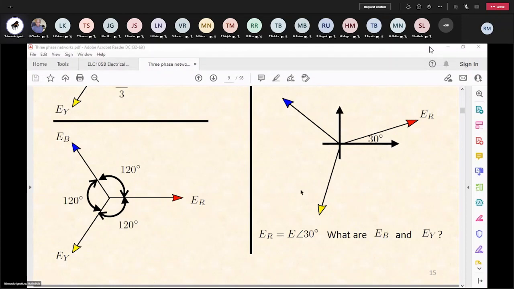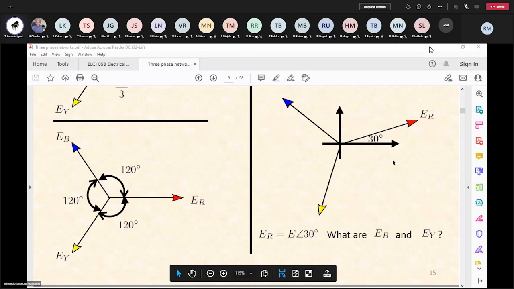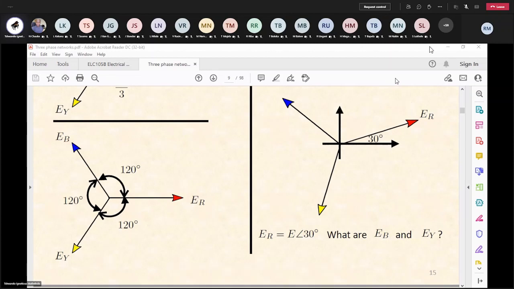Now let's have a look at a very quick example, where ER, now our reference, is at 30 degrees. What is EB and what is EY? Let's see how we can do that. Okay, canvas.